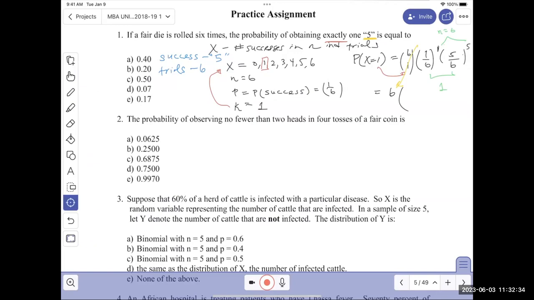What about this? What does this simplify to? 1/6 to the power of 1 is just 1/6. And then, in fact, these will cancel.